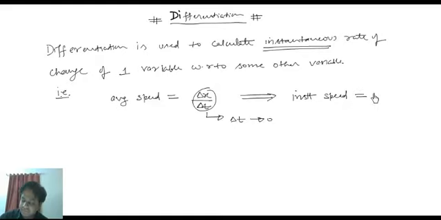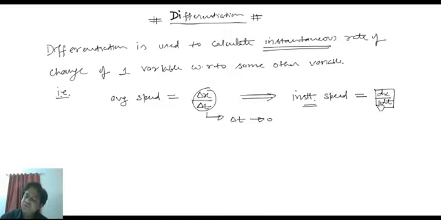When this time difference goes very small, this delta x will also become very small, and then it can be represented as dx by dt. dt is a very small time change, and dx is the corresponding distance covered in that very small time change. So this dx by dt is simply the instantaneous speed at a particular instant.